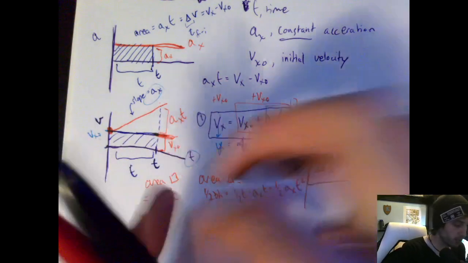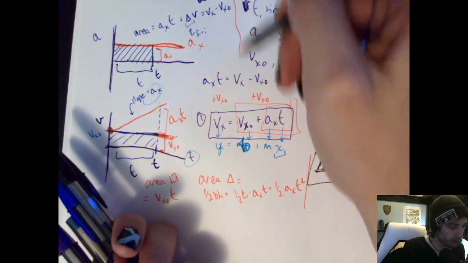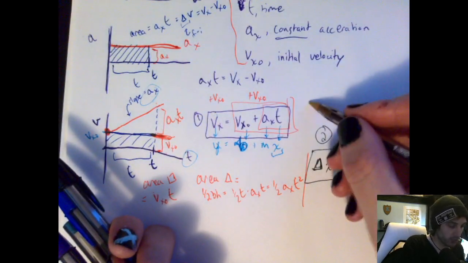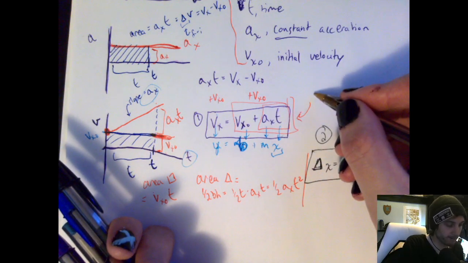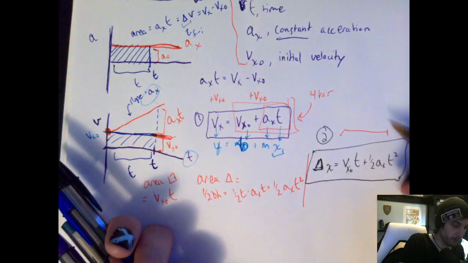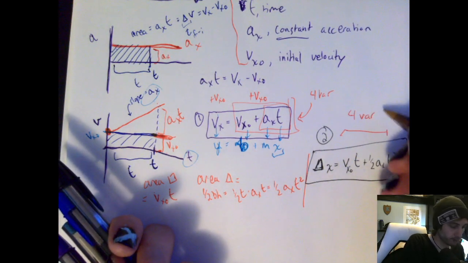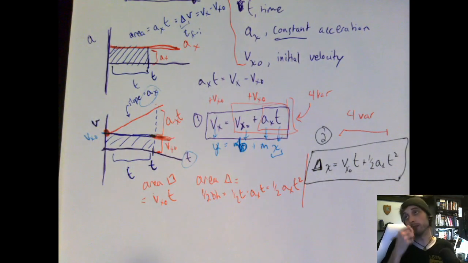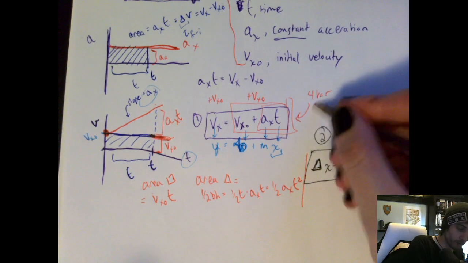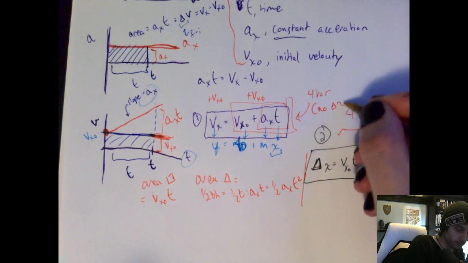If you look at this overall, there are 5 total variables. But if you look at each of these equations, this one's got 4 variables. This one also has 4 variables. So in particular, this first one does not have displacement.